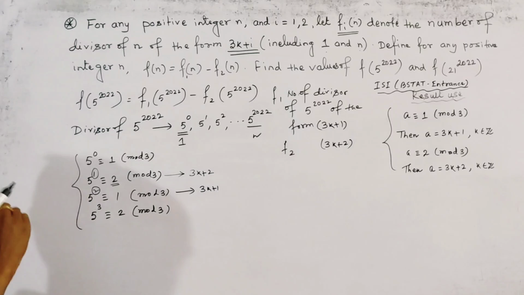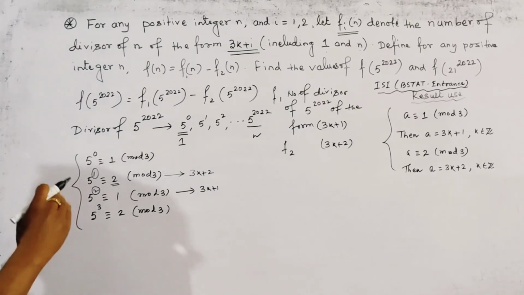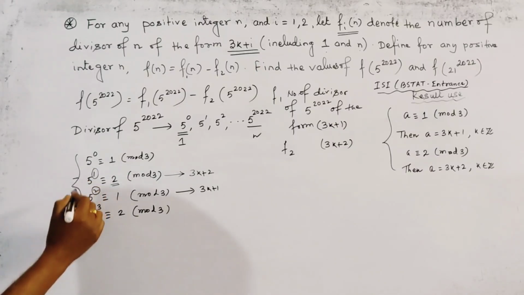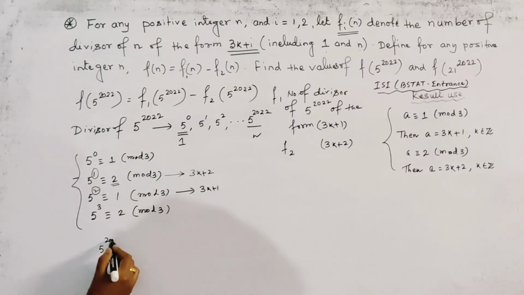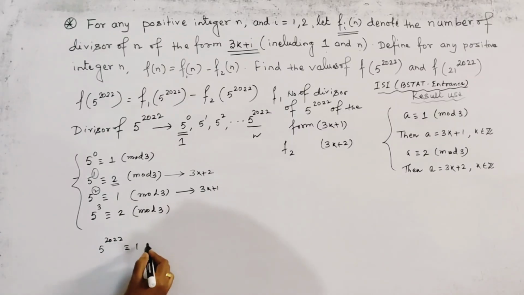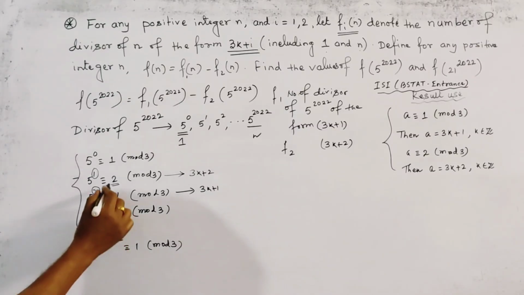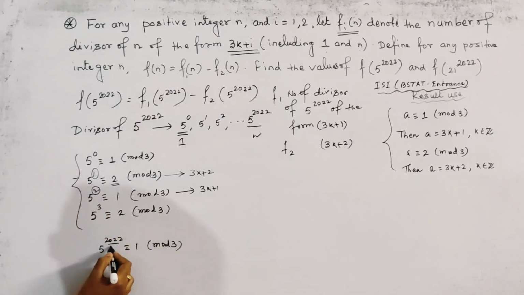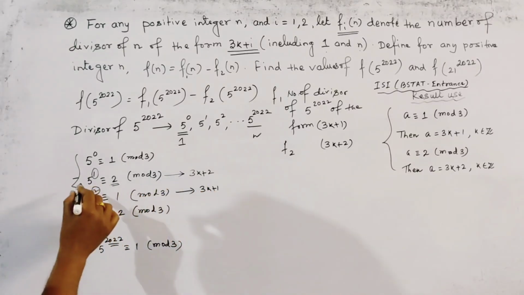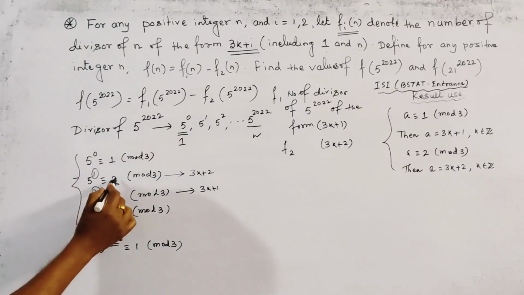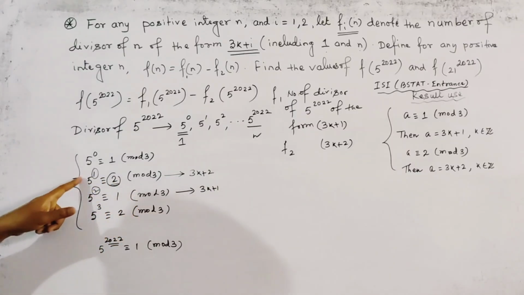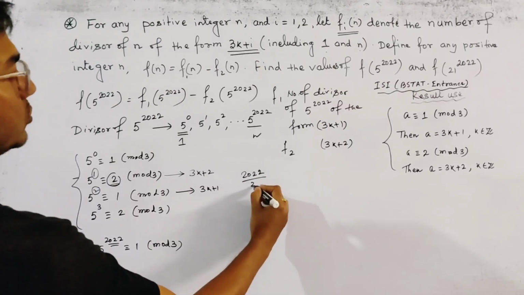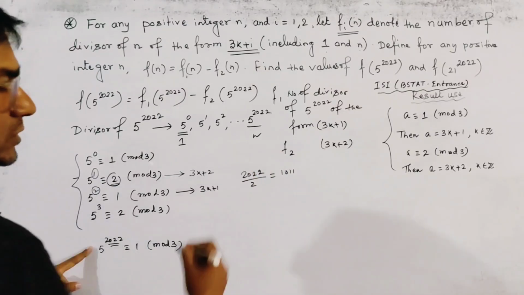So we have to count the divisors of the form 3k plus 1 and of the form 3k plus 2. 5 to the power 2022 is obviously 1 mod 3, because it is an even power. If we count all the even powers out of 1 to 2022, we get 2022 by 2, which is 1011.